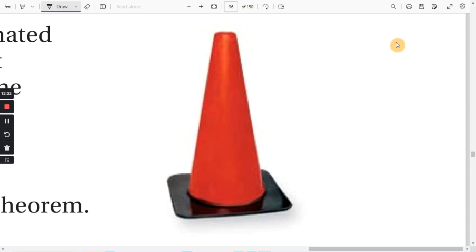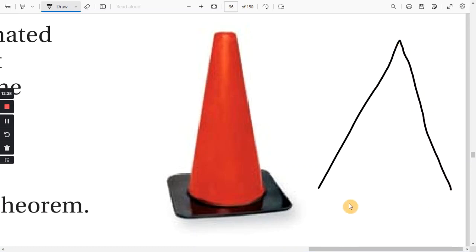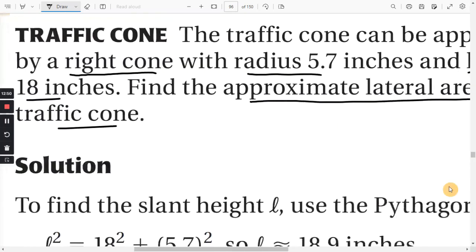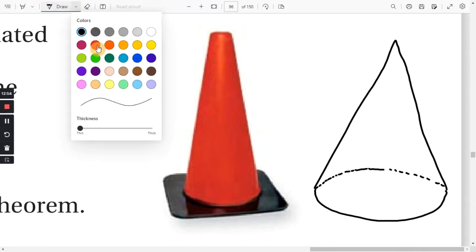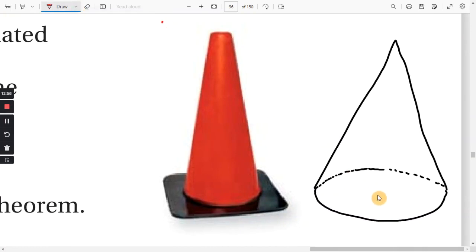All right, so I'll just draw it like so. It's going to be a little sloppy. All right, so we have the circular base down here. And this is a circle. Okay, and they said the radius is 5.7.